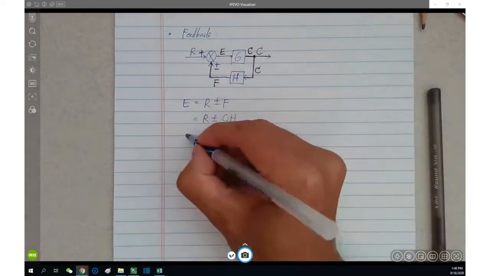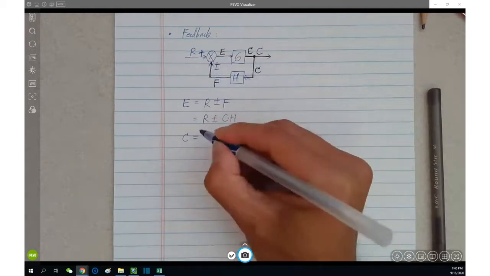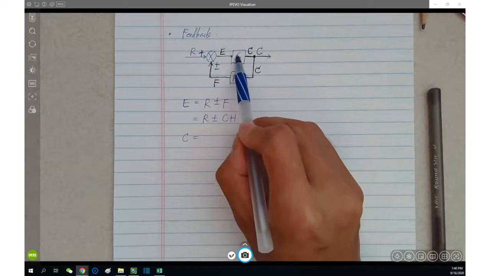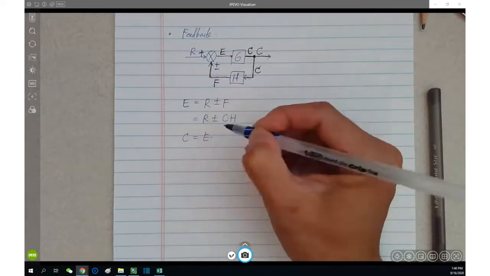On the other hand, along this path, output C equals, due to the transfer function G here, C equals E, the error signal, times G, right?